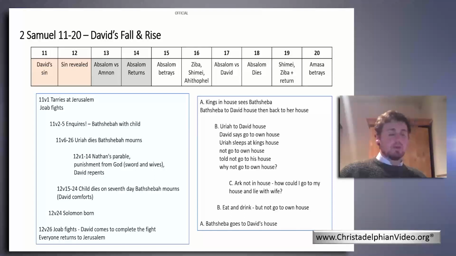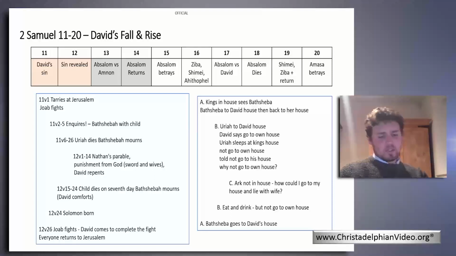Then Solomon is born, and it ends with Joab fighting, David coming to complete that fight, and then everyone returns to Jerusalem. So again, it's a neat little section in chapters 11 and 12, and within that there is an interesting passage which focuses upon what happens between David and Uriah, because clearly David's house has been established, and that's what chapter 7 has been all about and what God has said.